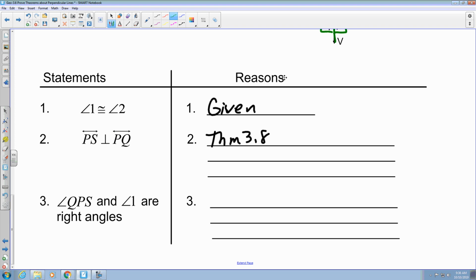So that comes from Theorem 3.9, which states that if two lines are perpendicular, then they intersect to form four right angles. Since they have all four right angles, that comes into effect with angle QPS and also angle 1.